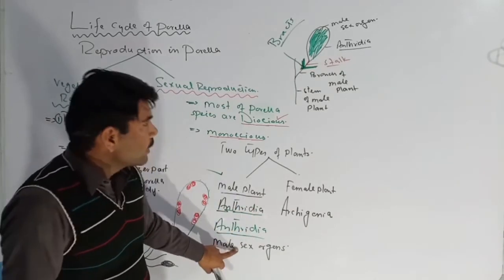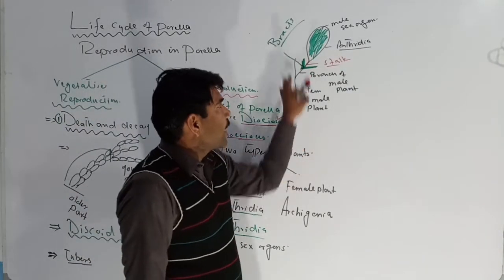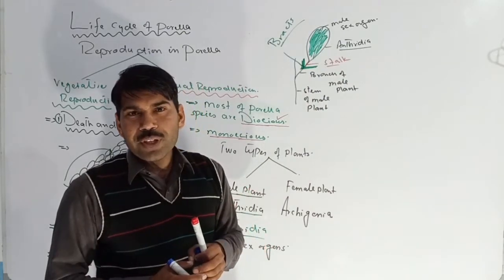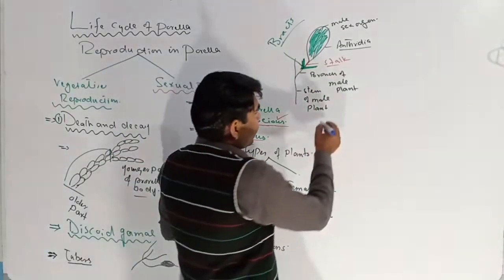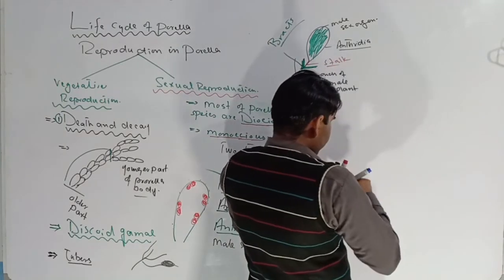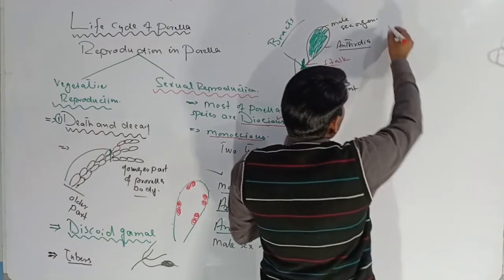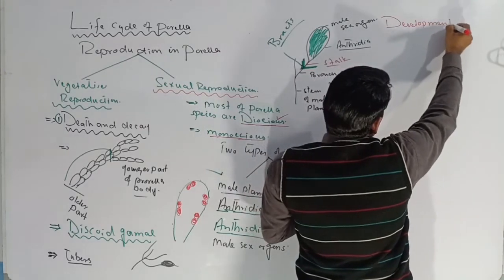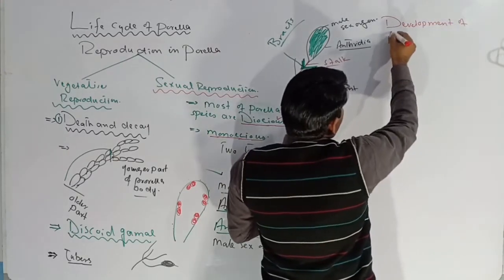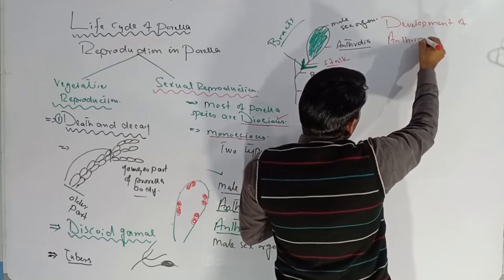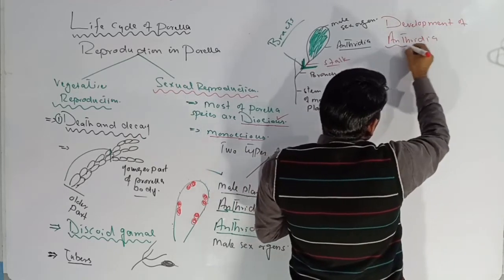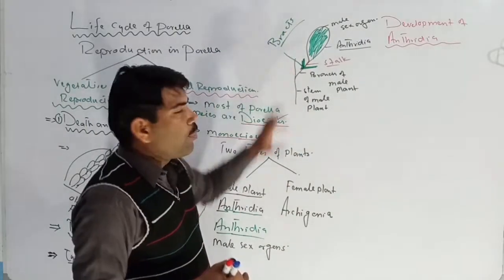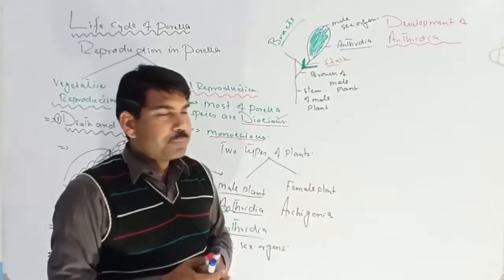After this we are going to discuss how these antheridia develop on the plant body of Porella. So now we are going to discuss the development of antheridia. How are the antheridia developed on the male plant body of Porella?